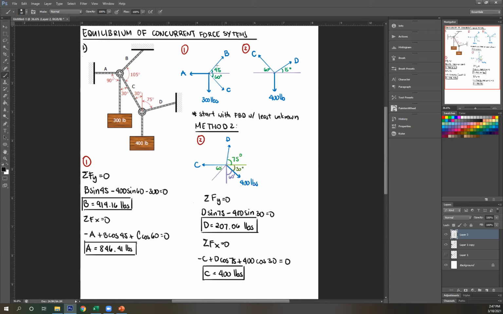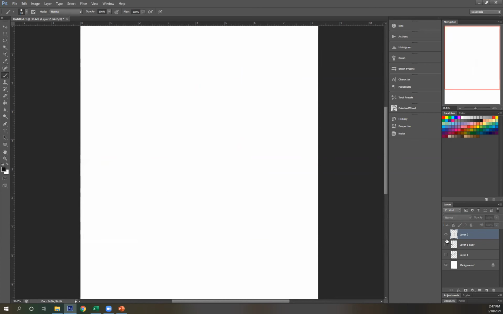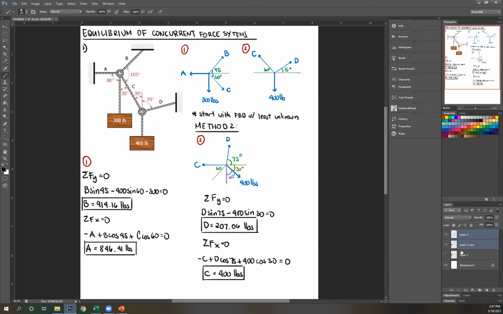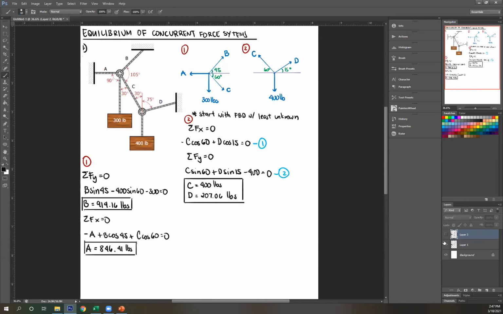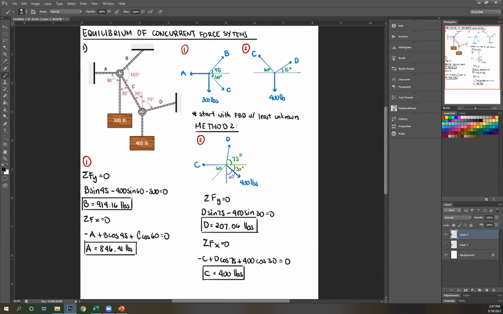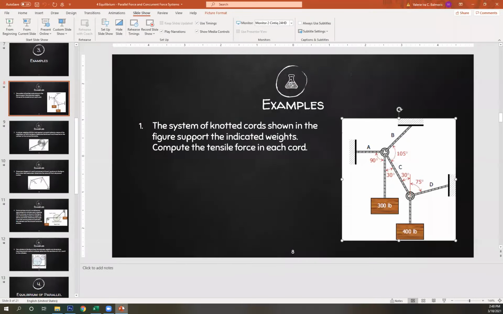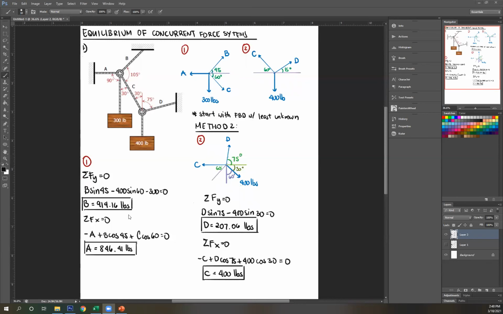So since I don't want to rotate this anymore, I can just copy my solution. It's the same thing. As you can see, let me just combine. Answer is the same, 400, 207, and this is still 400, 207. Okay? So we call this method the method of rotating axis. So you can do that to make your solution easier. Okay?